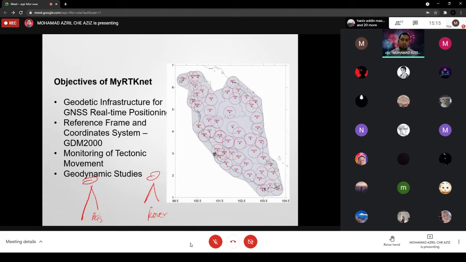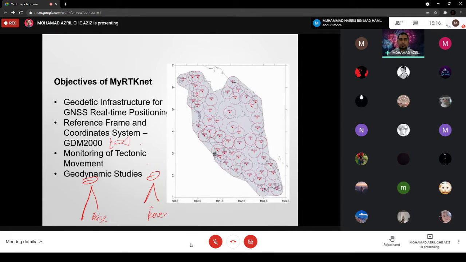So base and rover. When you carry out the GPS, it will have a connection to at least 4 satellites.